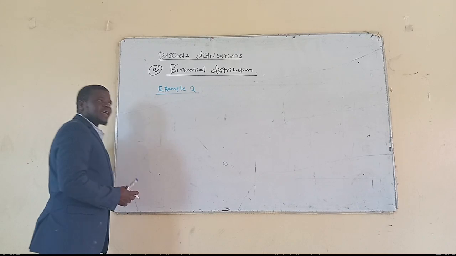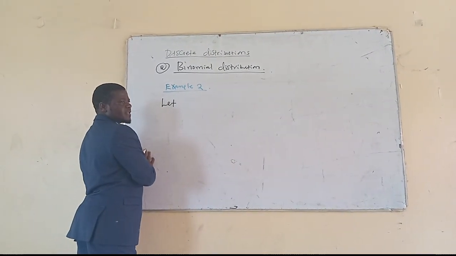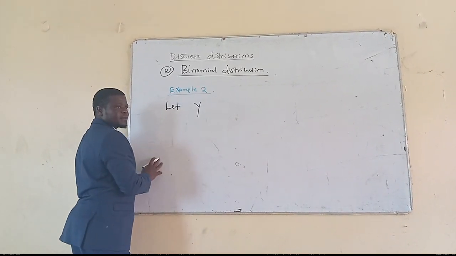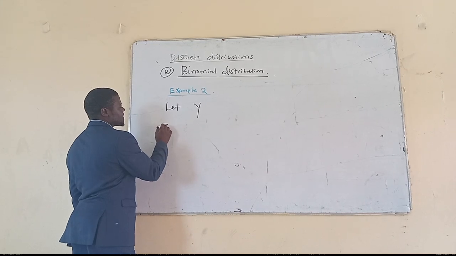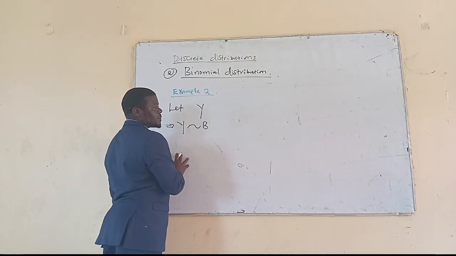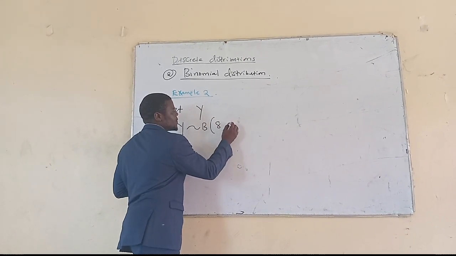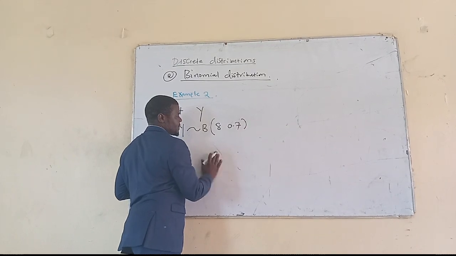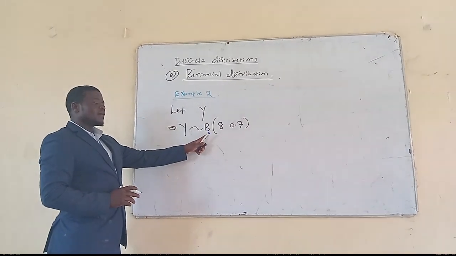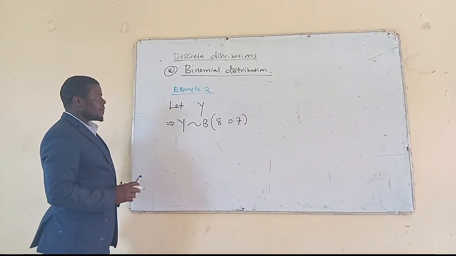If you let y be the number of eggs that will hatch, then it implies that y follows a binomial distribution with n equal to 8 and probability of success 0.7. So from here we can get the probability mass function.